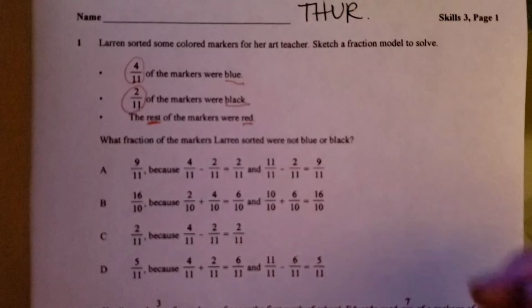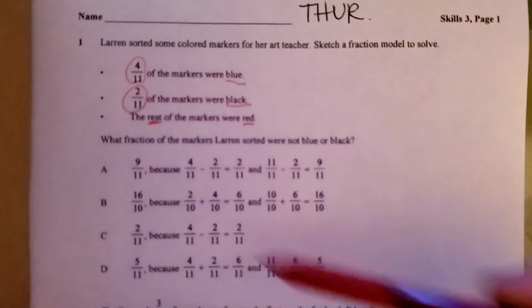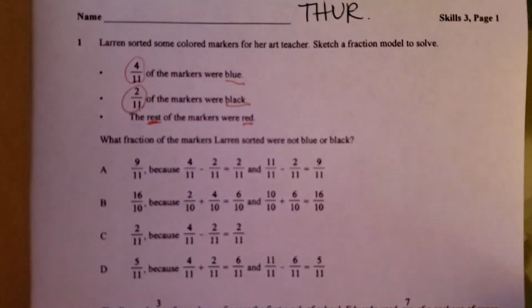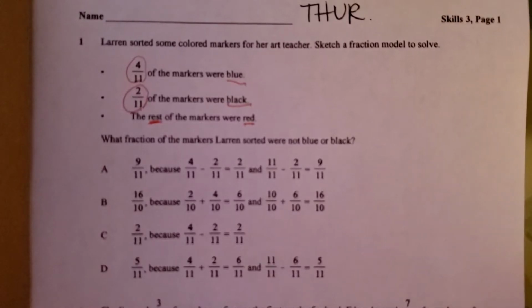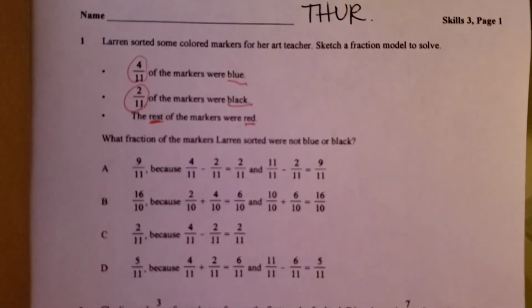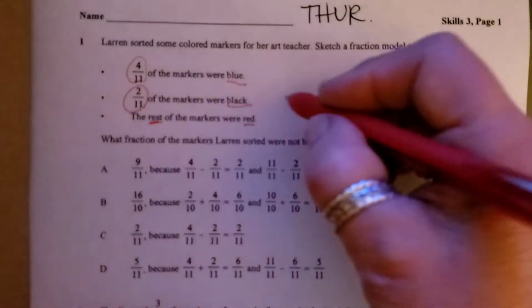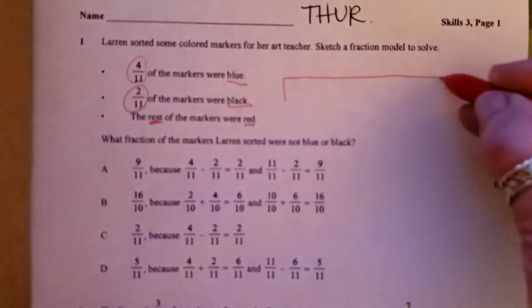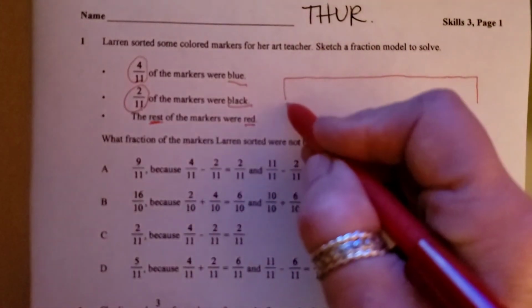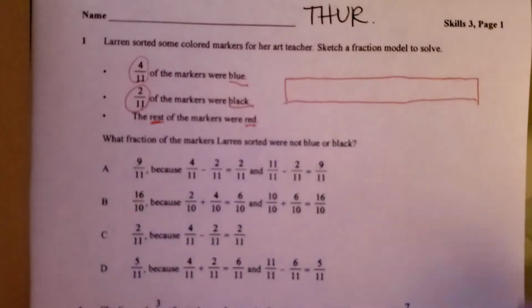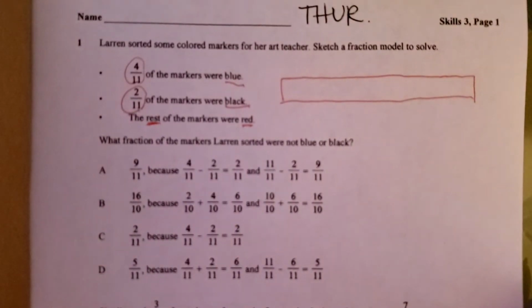So if you're working with a denominator of 11, how many pieces or how many objects would there be? The denominator always tells you the total number of pieces. What's our denominator? 11. So if this were me, I would be drawing a nice long rectangle. And because my denominator is 11, I would be breaking it up into 11 pieces.